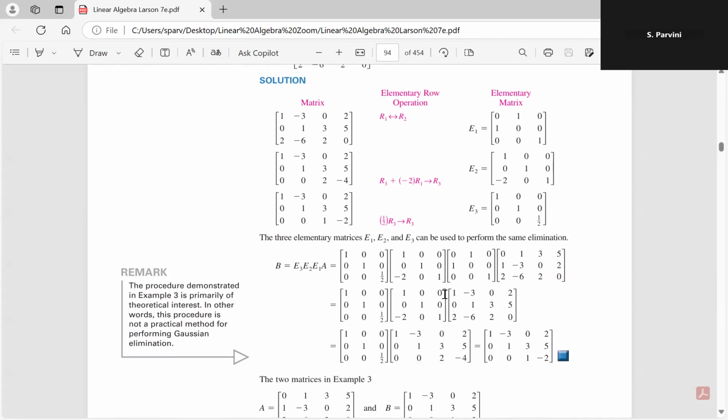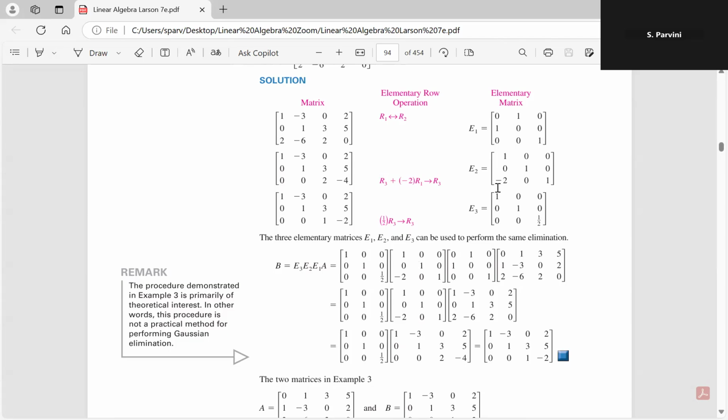Now, here's the punchline. So he has 3 elementary matrices here, E1, 2, 3. And this is what's fascinating right in here. It says, instead of doing what he did to the original matrix, he can do now E3 times E2 times E1 times A. And he's actually shown you now. Here's E3. He's doing it backward.